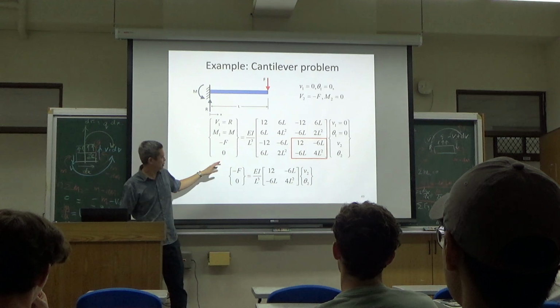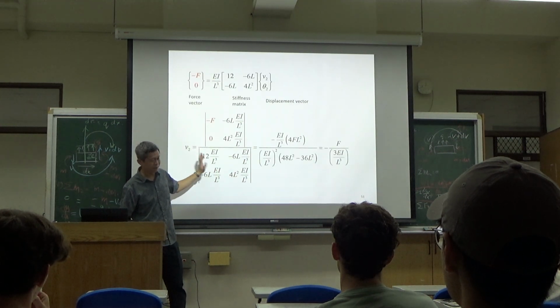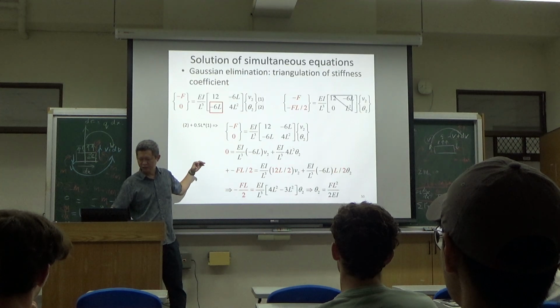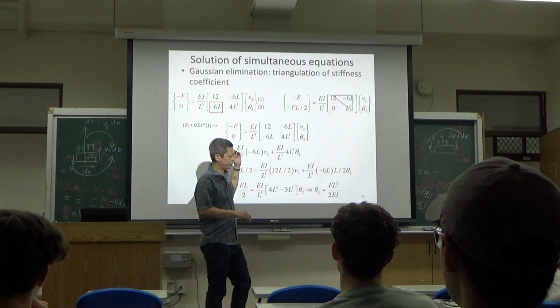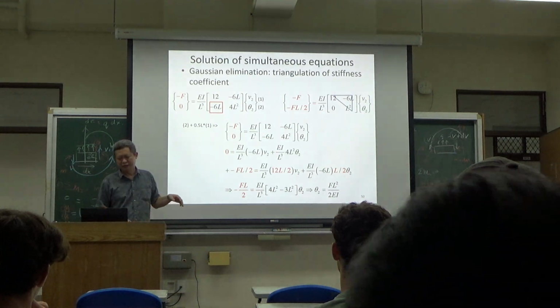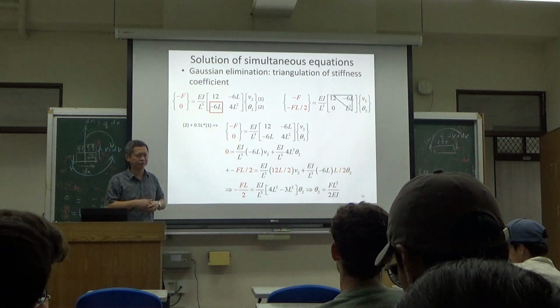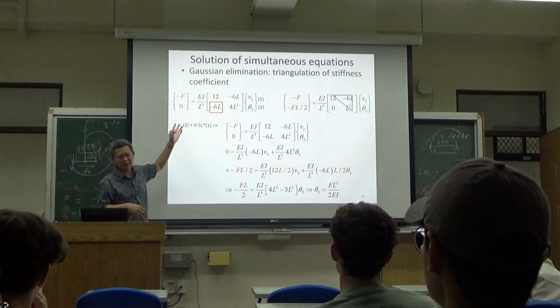If the equation is 2 by 2, then you can do Cramer's rule for the solution. If there are three simultaneous equations, then what you have to do is Gaussian elimination. First, look at this simple example.